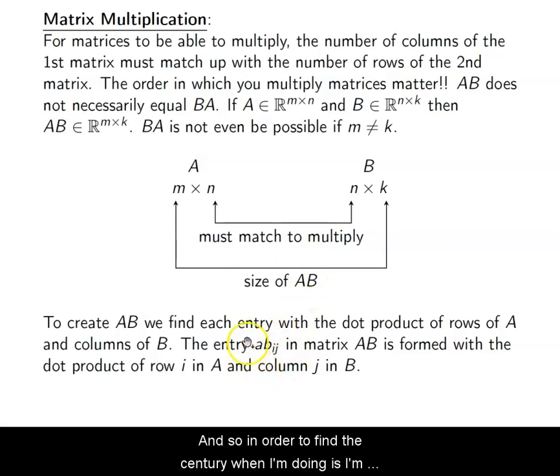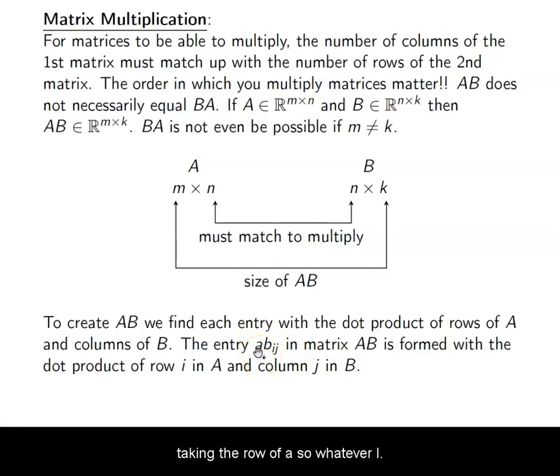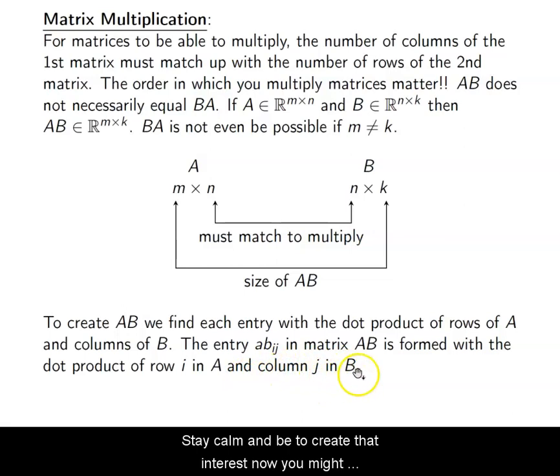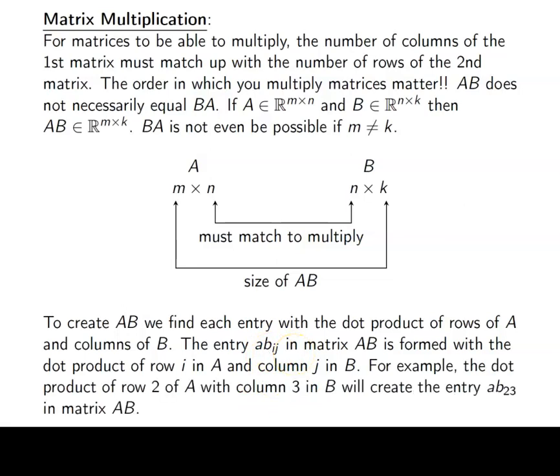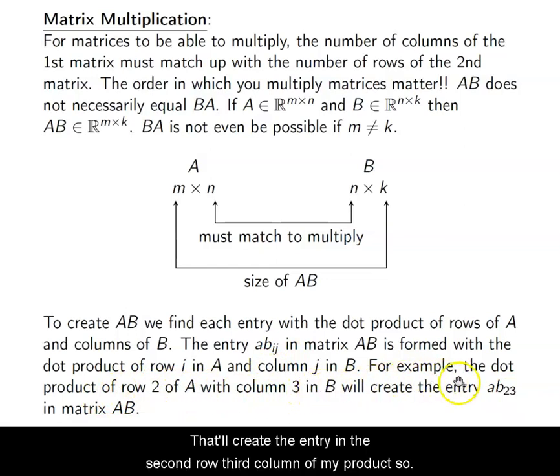And so in order to find this entry, what I'm doing is I'm taking the row of A, so whatever I for A, whatever row, okay, remember I is row, J is columns, and whatever J column in B to create that entry. So now you might say, Professor Williams, this is very confusing also, so let's do an example, okay? So if I did the dot product with the second row of A and the third column of B, that'll create the entry in the second row, third column of my product.